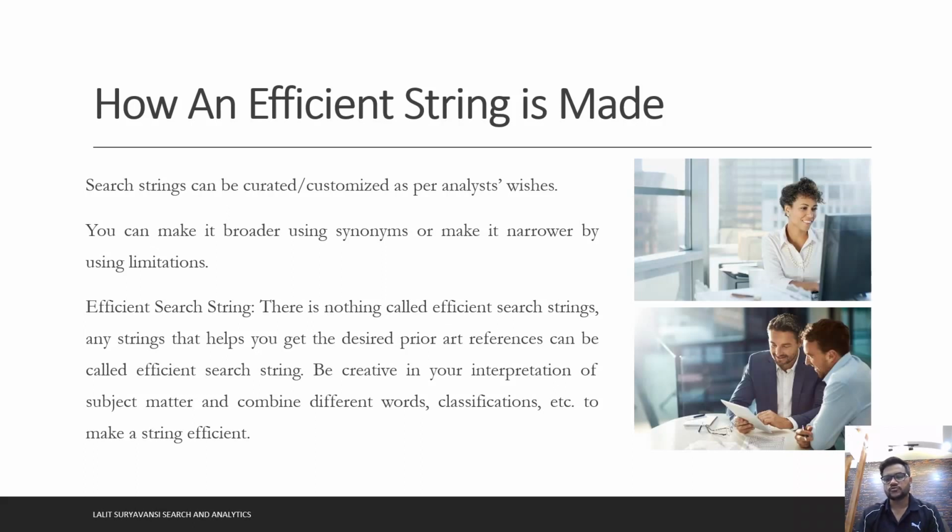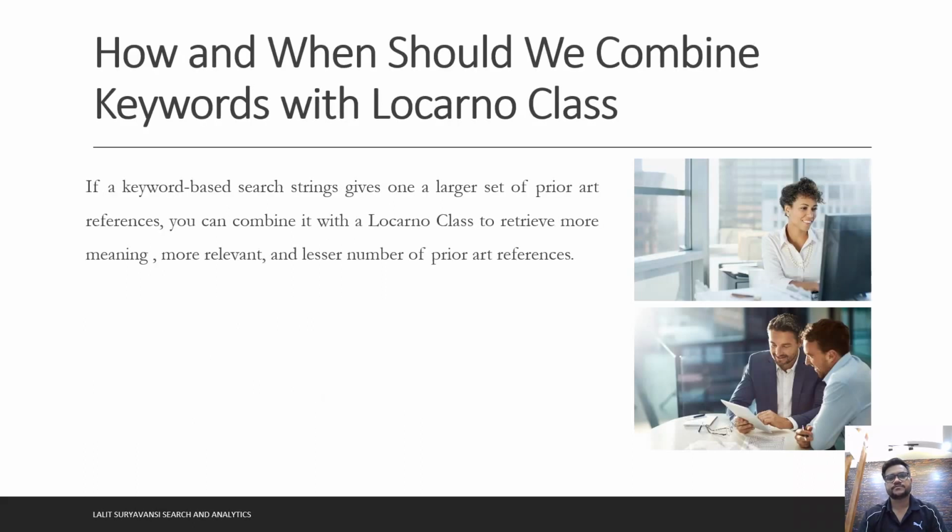If it is giving you good quality results, then you can continue assessing the results available in it. Otherwise you can amend it or make some modification to it, and then run it again. So the best search is the one which gives you more relevant results. You can combine keywords with Locarno classes, and in this way you can make efficient search strings.